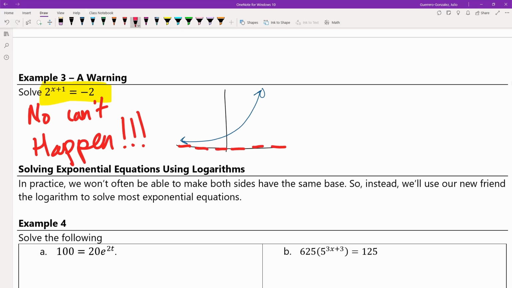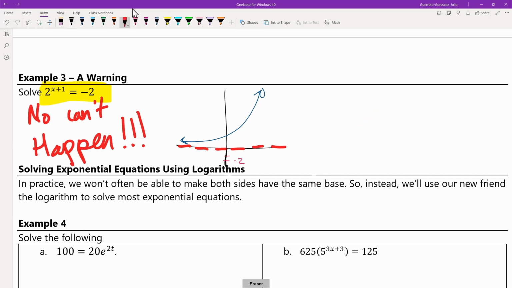So in other words, we are trying to find when the function 2 to the x plus 1 will be negative, and it never goes negative at all, right? We want this blue graph to be equal to -2, right? Can't happen.